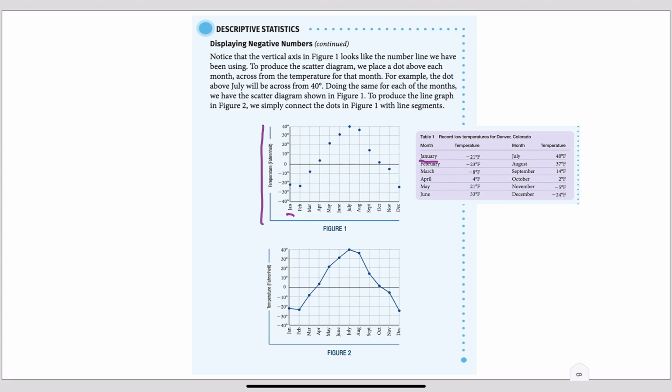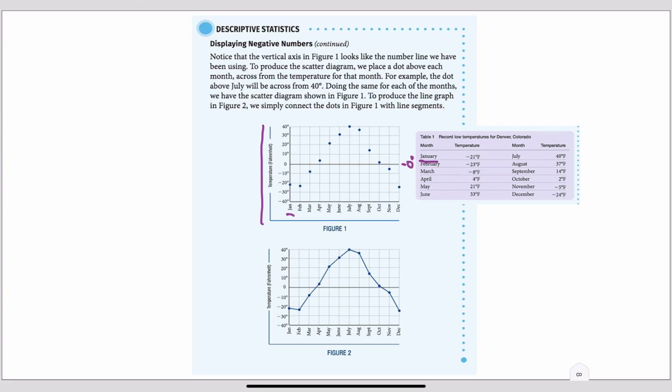It's going to be here in the middle, right? That's where 0 degrees Fahrenheit is, and anything below that we know is negative, and anything above that is positive. It makes sense that in the winter you would be low, and then you would move up in the summer, and you would have a nice curve going from warm to cool and back down.